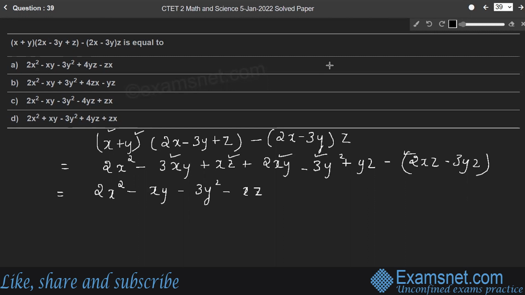So plus yz minus of minus plus, it is plus 3yz, it is plus 4yz. So 2x square minus xy minus 3y square minus xz or zx plus 4yz. So 2x square minus xy minus 3y square minus zx plus 4yz. Hence option A is the right answer.